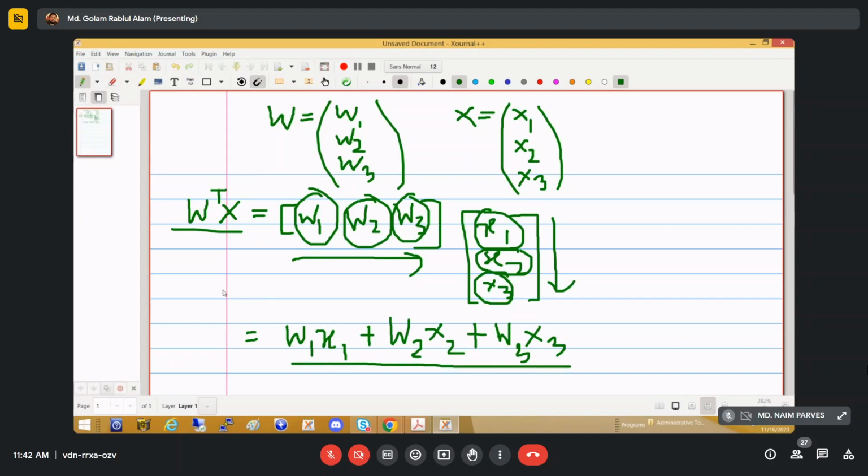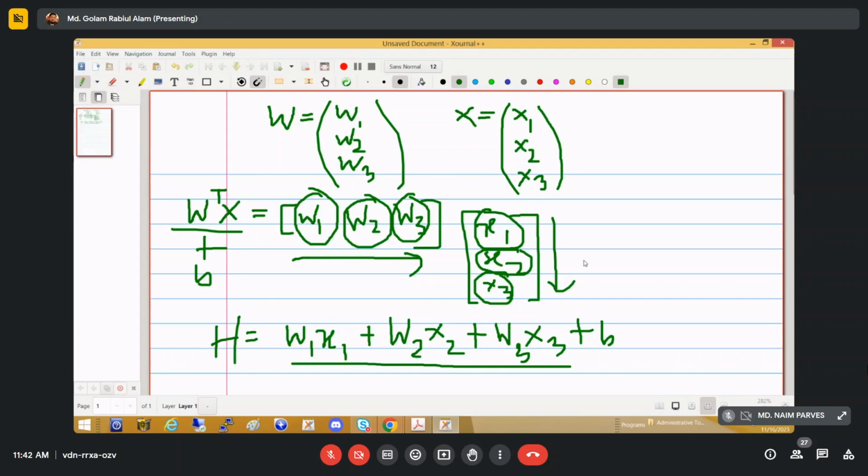Now, if we add something, W transpose X plus C or B, okay, then we will get what? We will get W1X1, W2X2 plus W3X3 plus B or C. This is our hyperplane equation.